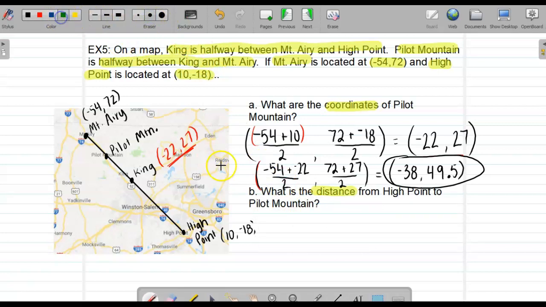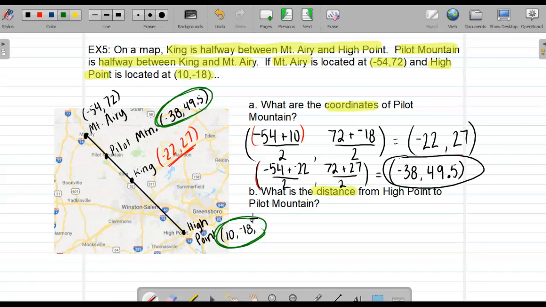So we're looking at the distance between Pilot Mountain, which I'm going to label here. That was negative 38, 49.5. So we're looking at the distance between this point and High Point, which is here. Pilot Mountain to High Point.